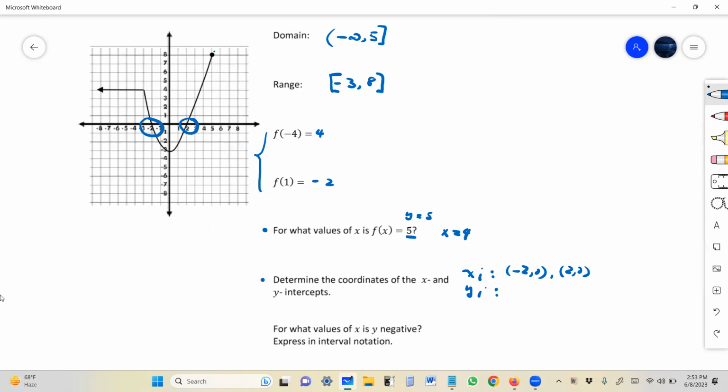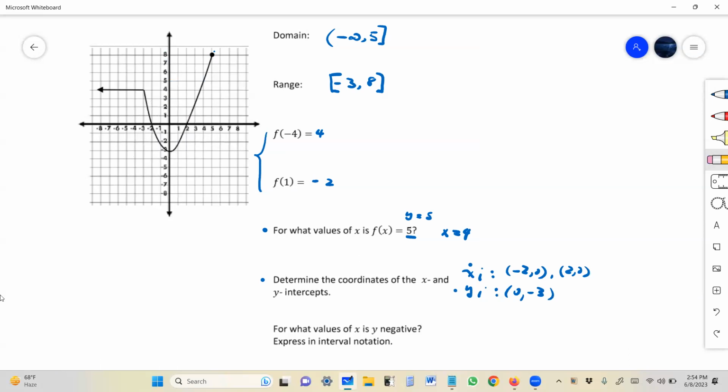And the y-intercept is where the graph crosses the y-axis. 0, negative 3. All right. If there is a y-intercept, there is going to be only one. There may be multiple x-intercepts, maybe 1, 2, or more. But if there is a y-intercept, there's only going to be one.